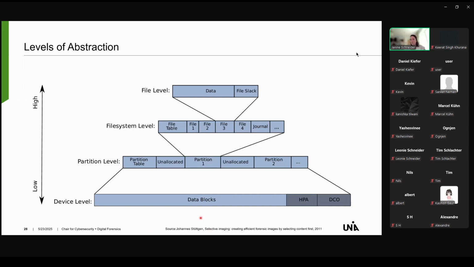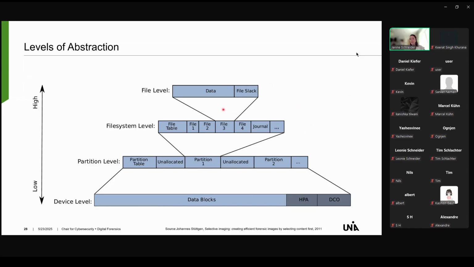So the lowest level of abstraction is the device itself. For example, in an HDD, you have some data blocks here, an HPA and a DCO. And inside of that device, we have some partitions. The partition level is the next level of abstraction. On one partition, or embedded in one partition, we have a file system. That's again a level of abstraction.